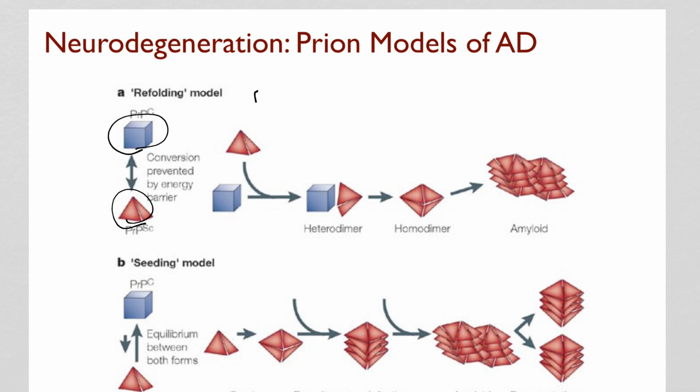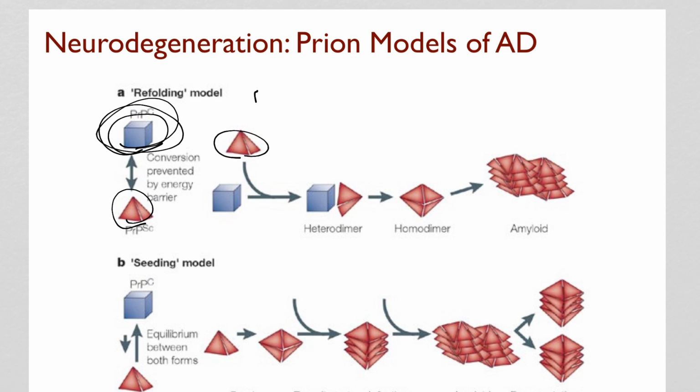And so what's unique about prions is their ability to cause other proteins to change their shape. And so in this refolding model, I like to call this the exposure model, because the idea is everyone has these normal, healthy proteins in their brain that have the correct shape, illustrated by the blue cube.